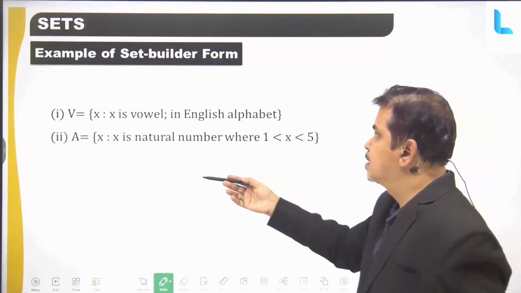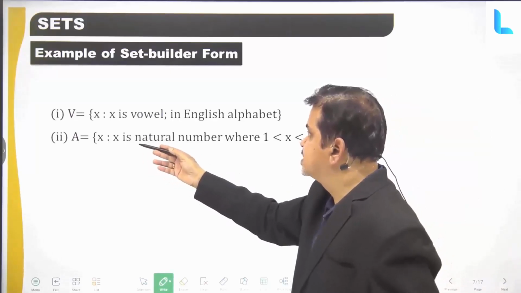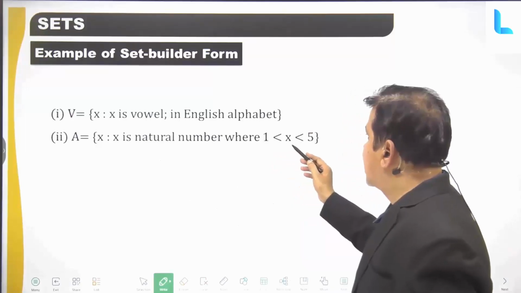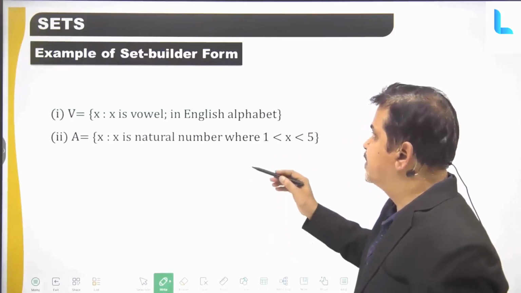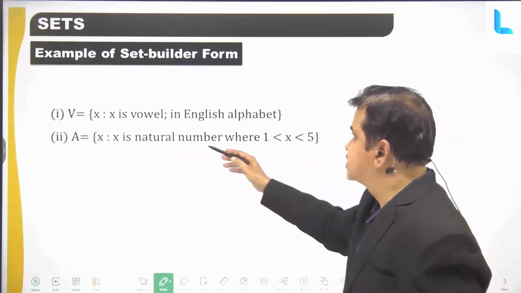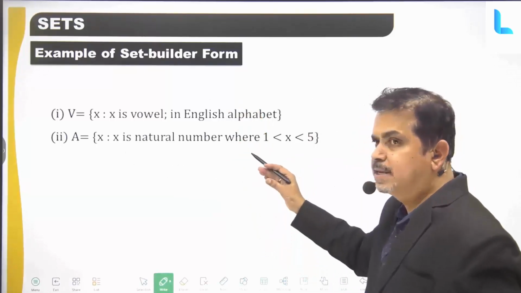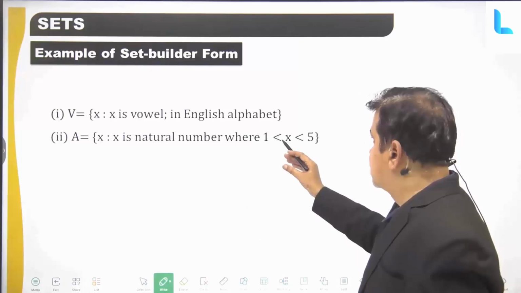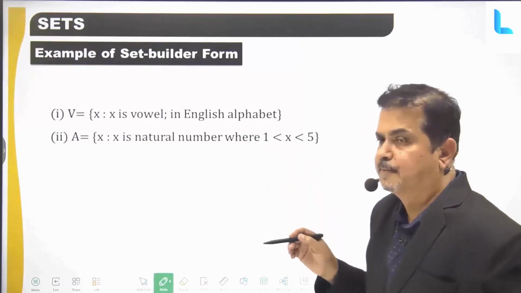All these are x values, in which x is a natural number and it lies between 1 and 5. When we write this, it is the way of representing it in the set builder form, whereas when we write the actual values of x, that will become the roster form.